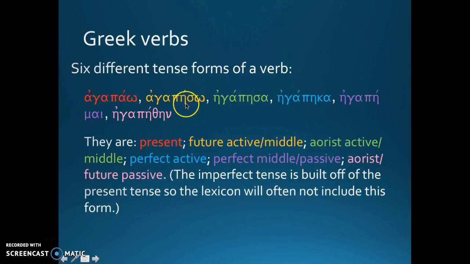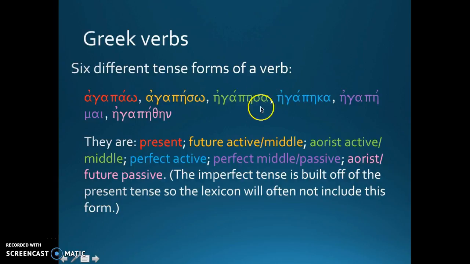When you move to the second word, agapeso, this is the future tense form of this verb. The third one over, agapesa, is an aorist tense. Now I can tell, because I know a little more Greek here, there you can see that there are changes happening on the front end. Sometimes in the middle, we had a sigma added here.